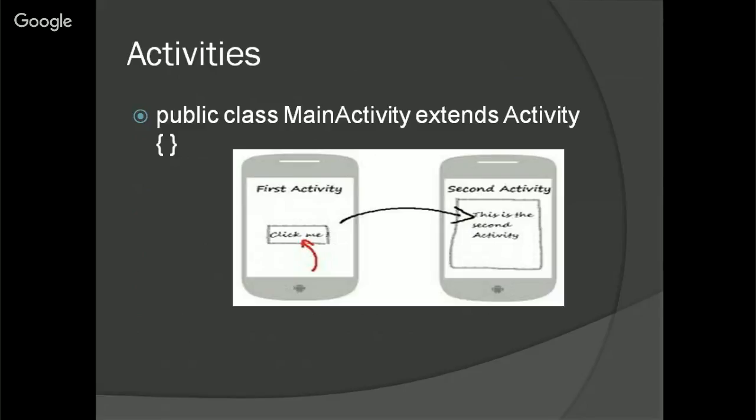Those two activities are designed in an XML file but are processed because of the Java files, because of the logical coding, because it sent the instruction from the first activity to the second activity by the logical code, and the logical code was inside the click me button on that first activity.